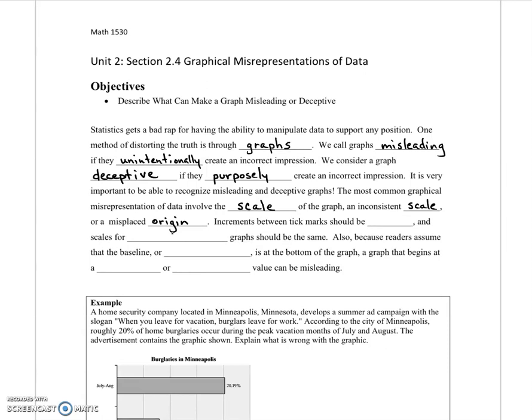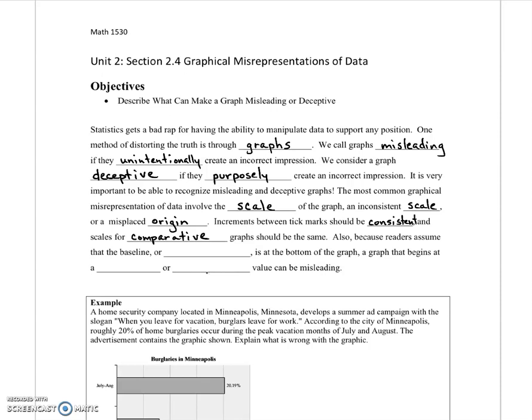Increments between tick marks should always be consistent, which means the same distance apart. And scales for comparative graphs, so for comparing two data sets, should always be the same, because otherwise it makes it hard to compare.